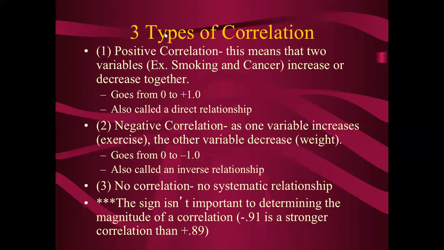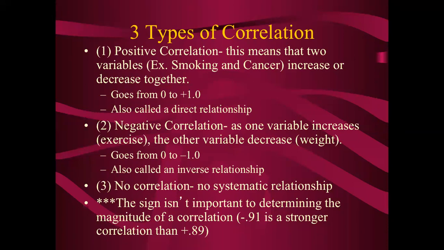As smoking rates increase, or the amount a person smokes, the risk of developing lung cancer also increases, right? So both go in the same direction. And similarly, the opposite is true. As smoking decreases, the risk of cancer also decreases. So you see that they're both going in the same direction.